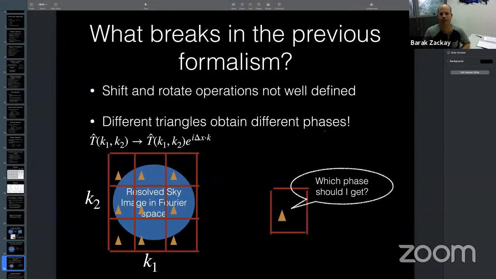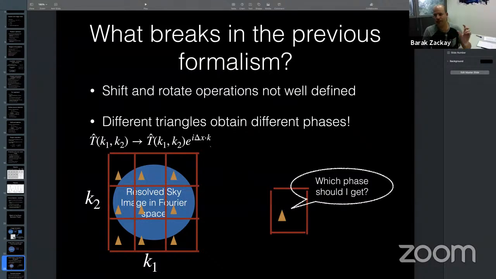So what's the problem with regular coaddition of these images? The problem is actually in a stage that comes before coaddition. It's in the stage of shifting the images with respect to one another. And this shift is going to have some subpixel component. And the subpixel component, if you look at what it is doing in Fourier space, it is applying phases in Fourier space.